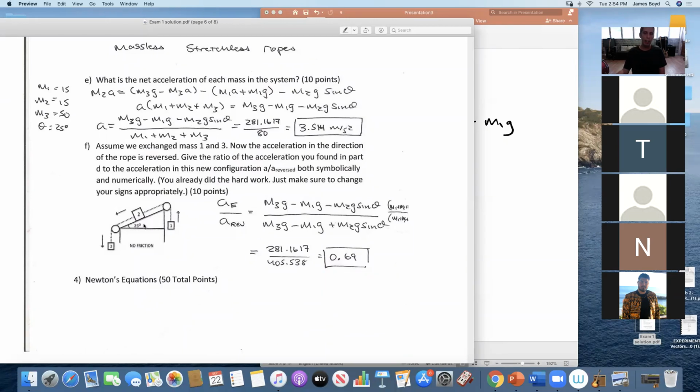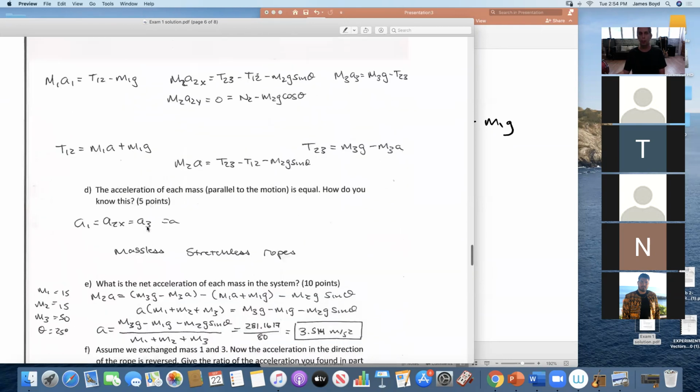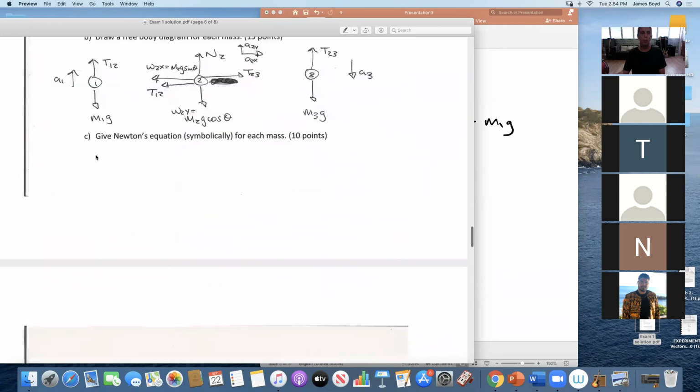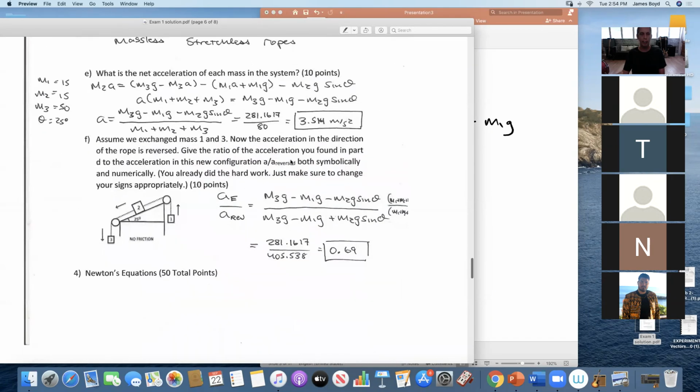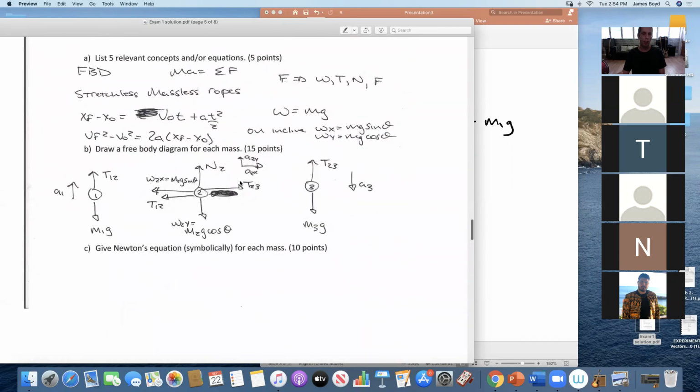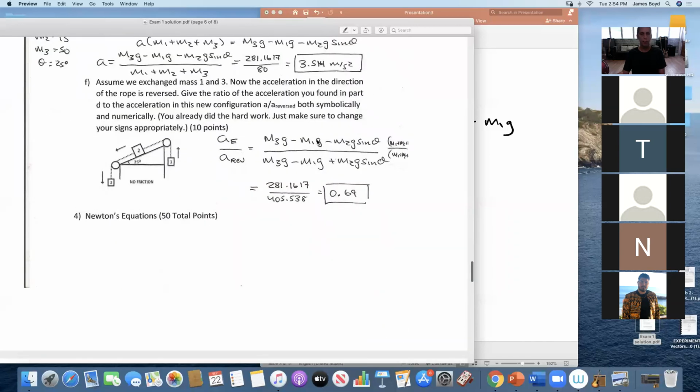Now, when I do that, there's usually a fast way to do it and a hard way to do it. The hard way would be to rewrite all your free body diagrams. But when you do that, what you're going to see is that the only thing that happens is you flip this sign and this sign and this sign, right? And when you do that, you end up getting this reverse equation.